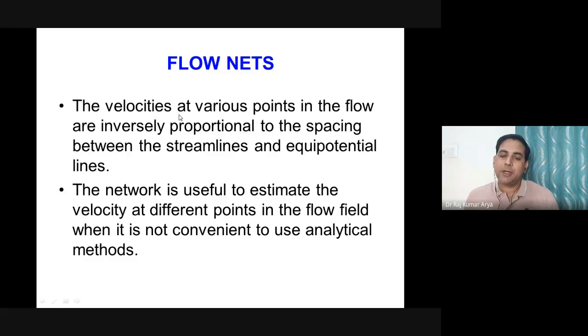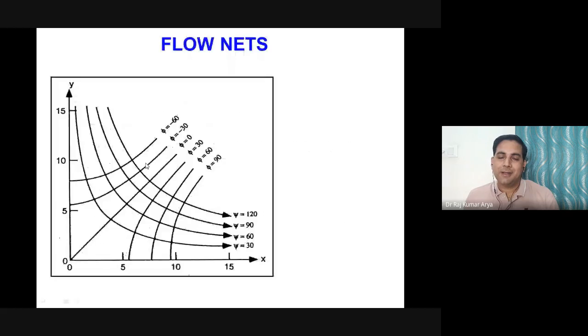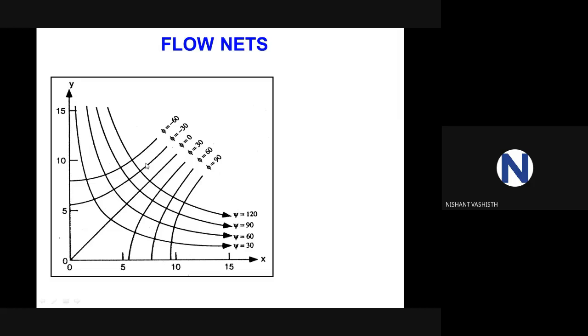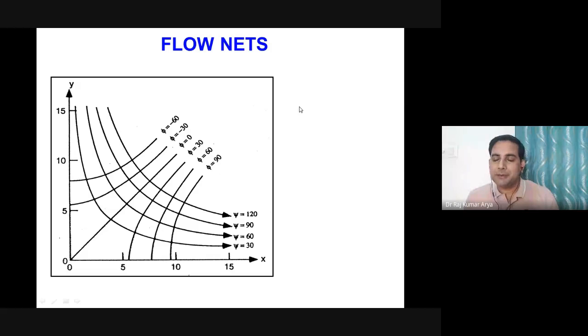Velocities at various points in the flow are inversely proportional to the spacing between the streamlines and equipotential lines. Where the spacing is less, the velocity is more.